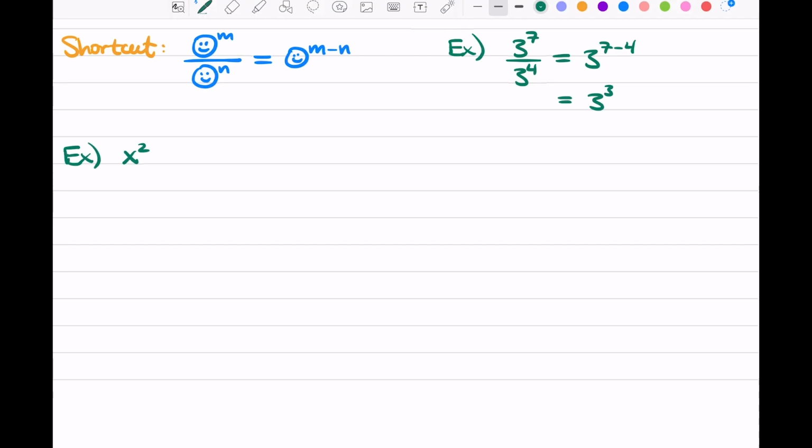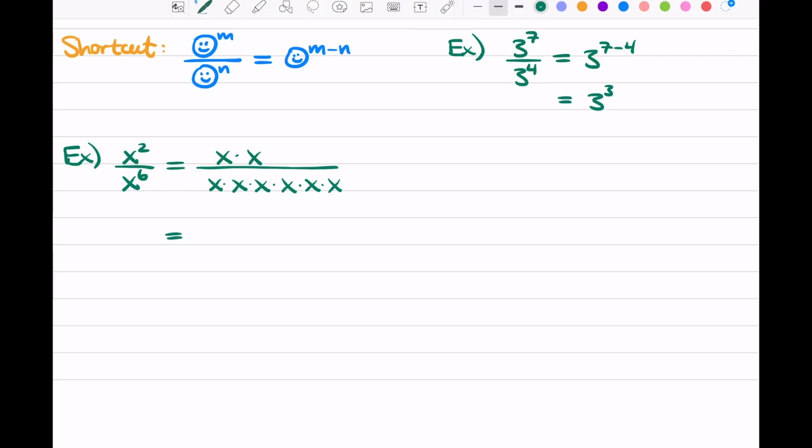Let's have x squared divided by x to the 6th power. So before we use our shortcut, let's just break this down. So on top, we have x multiplied 2 times, and on bottom, we have x multiplied 6 times.